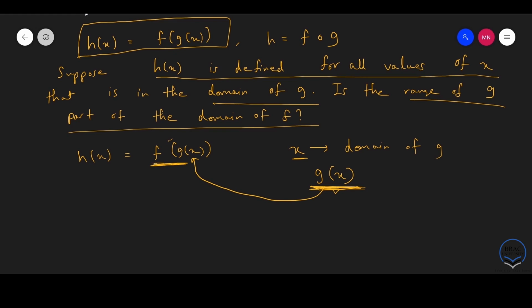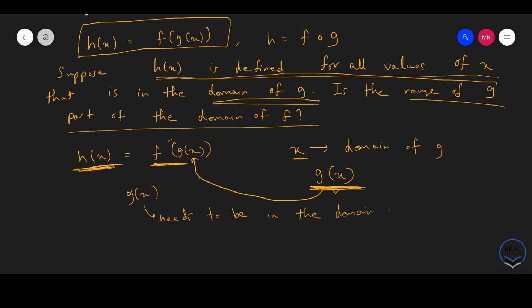So in order for h of x to be defined, and we're told that h of x is defined for all values of x that is in the domain of g, right? So in order for h of x to be defined, f of g of x has to be defined, meaning g of x needs to be defined, and g of x needs to be in the domain of f, right? G of x needs to be in the domain of f, otherwise our function f itself will not be defined, right?